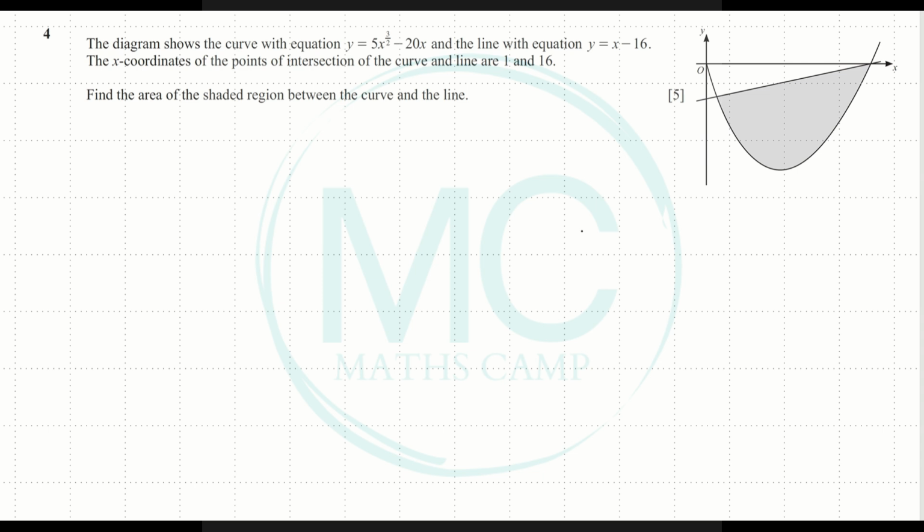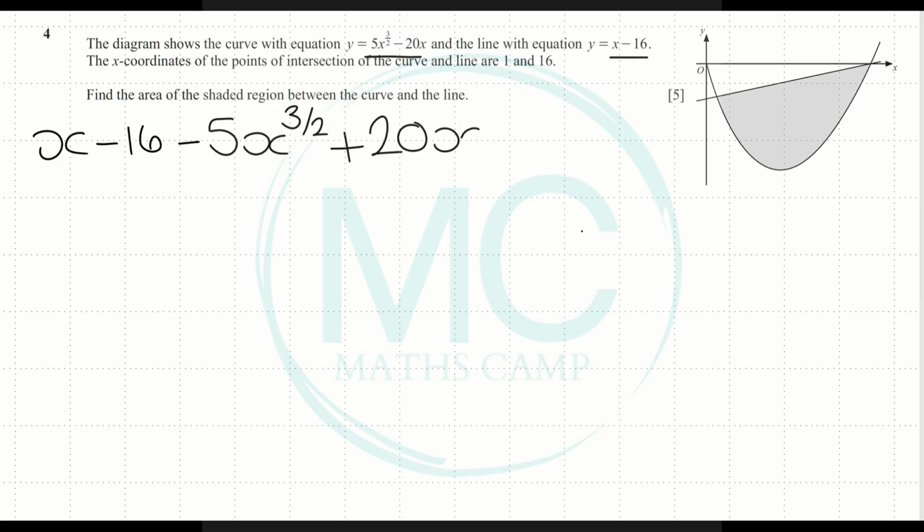The line has the equation x minus 16. You can say x minus 16. Now we subtract the equation of the curve, this one over here. So we say minus 5x with an exponent of 3 over 2 minus negative 20x. And now we can add like terms.